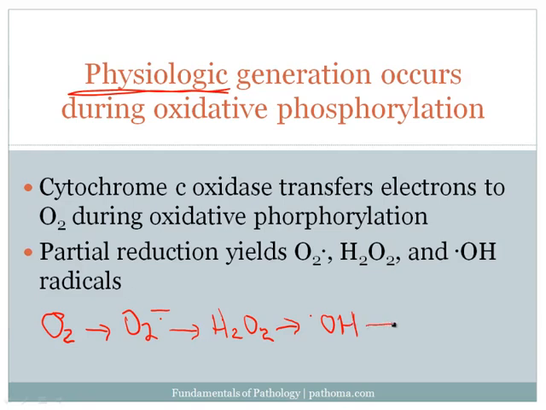And if it accepts 4 electrons, it becomes water. And so when I say that physiologic generation of free radicals occurs during oxidative phosphorylation, obviously if there is a partial reduction of oxygen so that it only accepts 1, 2, or 3 electrons instead of the normal 4 electrons, that's going to result in the production of free radicals, and that does happen physiologically.